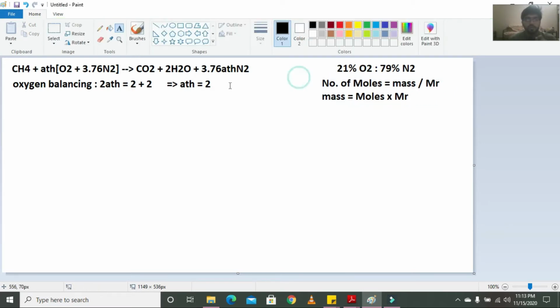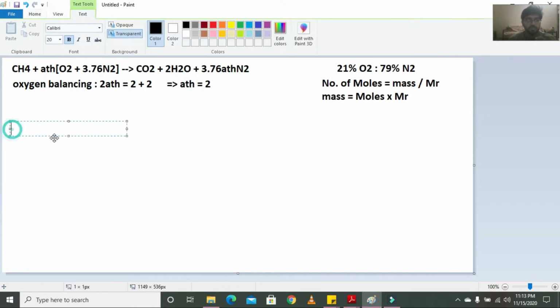So the first thing which you need to do here is form the chemical equation. I'm going to help you write down this equation, because you have to form this equation if these questions appear in the exams.